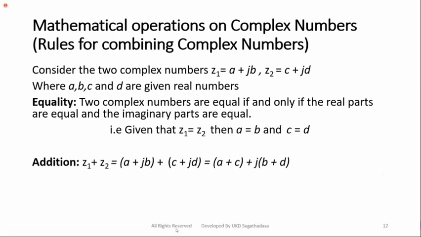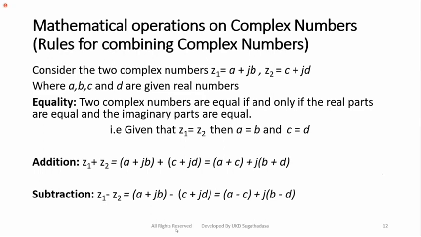Then subtraction is the same. The real parts have to be separately simplified, and the imaginary parts separately simplified. You get A minus C plus J times B minus D.